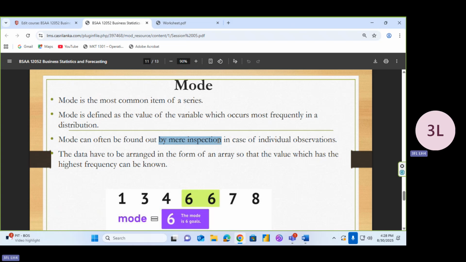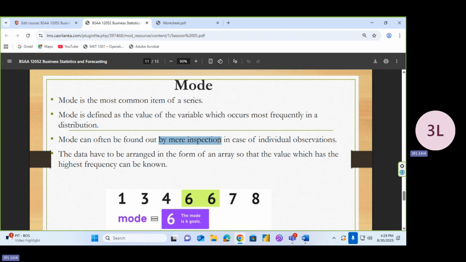We cannot calculate the mean and median. Why? The mean, we cannot take the sum of the observation values. The median cannot be calculated because we cannot arrange it in ascending order. But the mode we can calculate for a qualitative type variable.